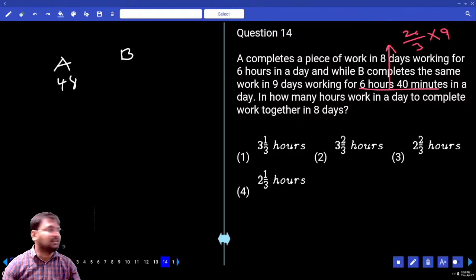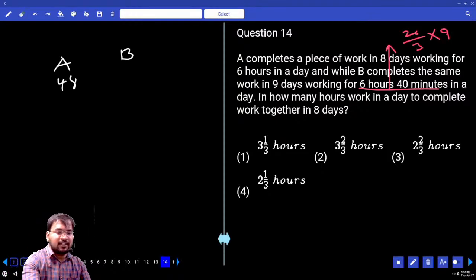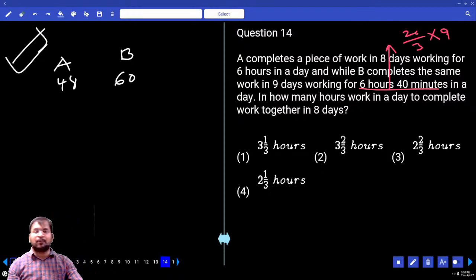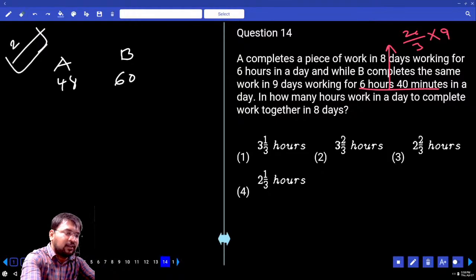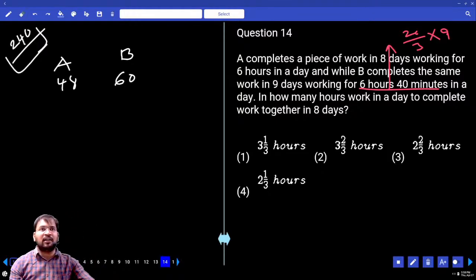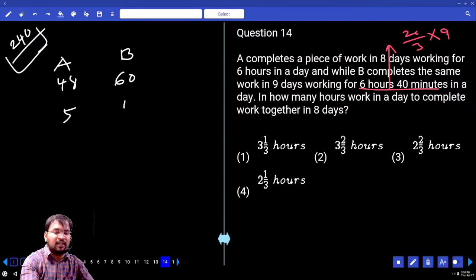Into 9, that is 60. Now the LCM of 60 and 48 is 240, since the smallest number goes 4 times, 4 times 60 is 240.